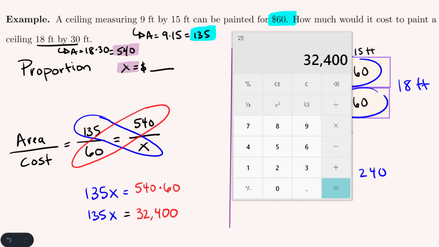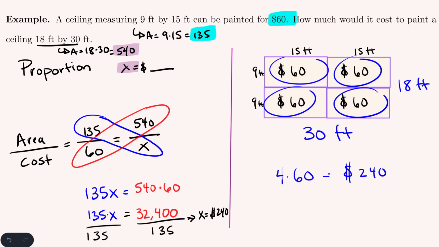To get X by itself, it's currently being multiplied by 135, so I divide both sides by 135. And we get 240 as we found before. So by either method, we'll get to our final answer.